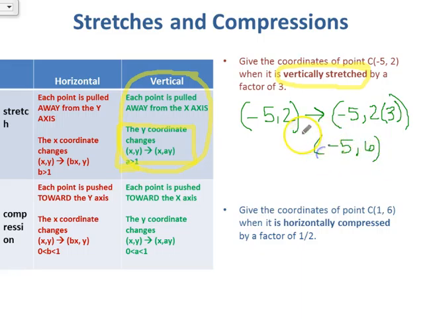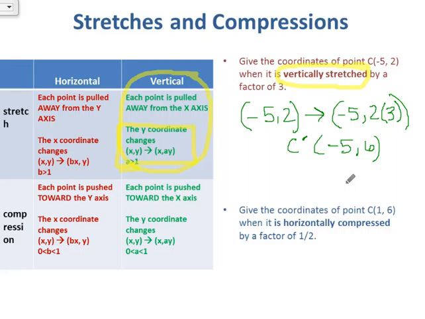So our new coordinate would be -5, 6. We're only changing the y-coordinate when we have a vertical stretch. So now if you want to take a look at number 2 and see if you can figure that one out on your own, go ahead and do so. You can click pause and try to figure that out on your own, and then we'll do it together.